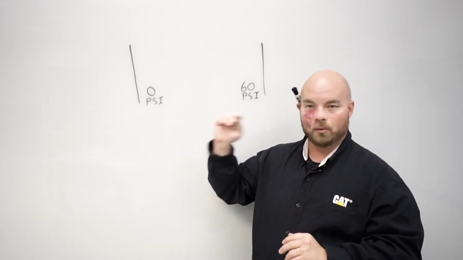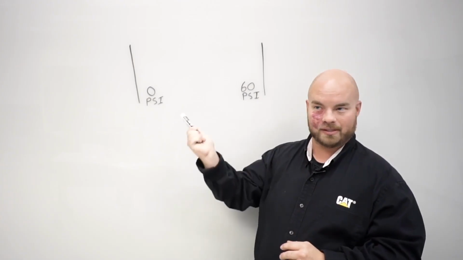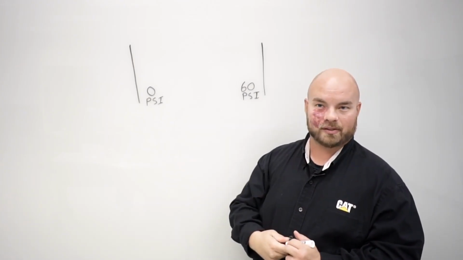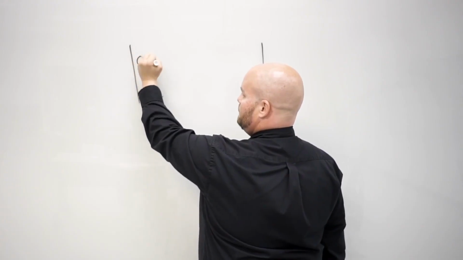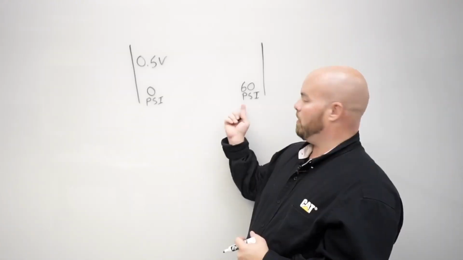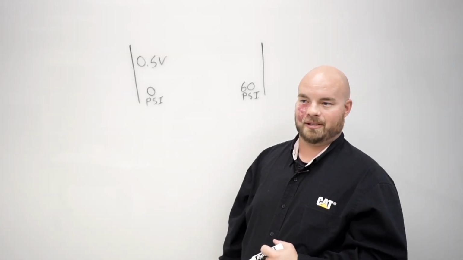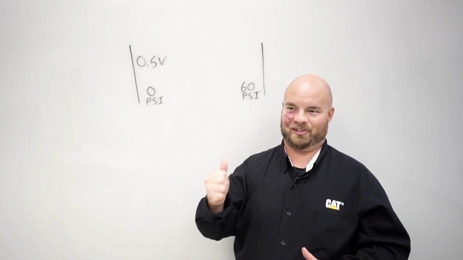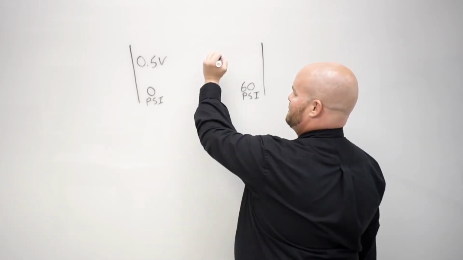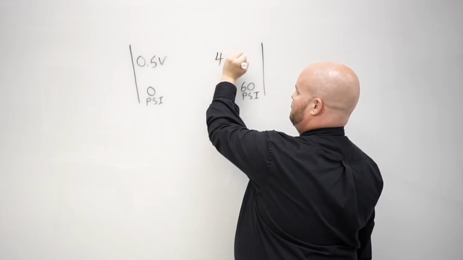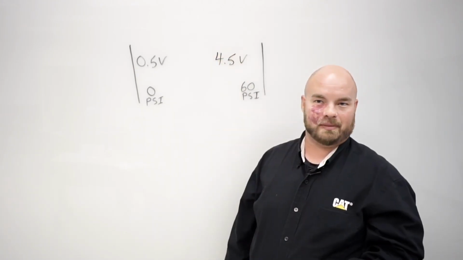On the low end of the scale, key on engine off in this case, 0 PSI, the sensor may put out a signal of half a volt. On the top range, if we're measuring 60 PSI, first of all, our engine's really working good. But if we're measuring 60 PSI, the sensor may be putting out 4.5 volts, okay?